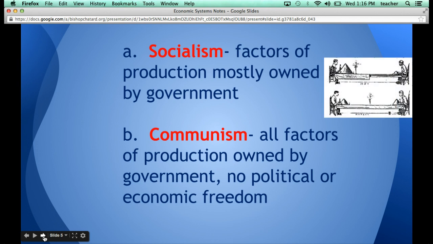All right, so this is an example of socialism that I found. This is a picture of socialism. There are two tables, one on top and one on the bottom. The top is illustrating the idea that Karl Marx was talking about with market economies: the guy on the left end of the table has all this food and all these riches and all this stuff, right?